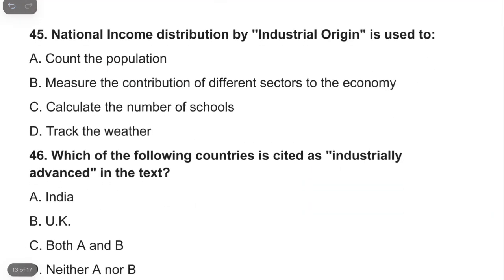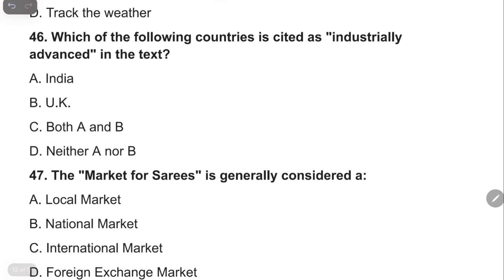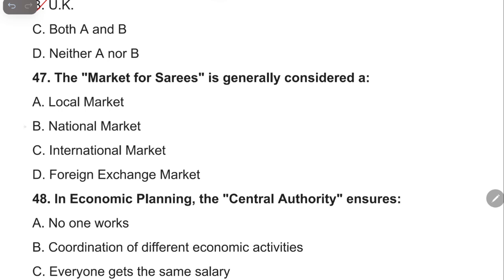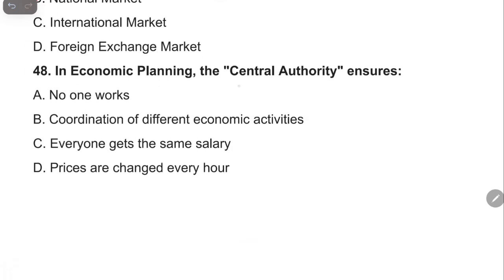National income distribution by industrial origin is used to measure the contribution of different sectors to the economy. Which of the following countries is cited as industrially advanced in the text? UK. The market for saree is generally considered a national market. In economic planning, the central authority ensures coordination of different activities.